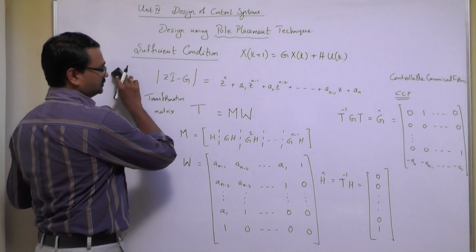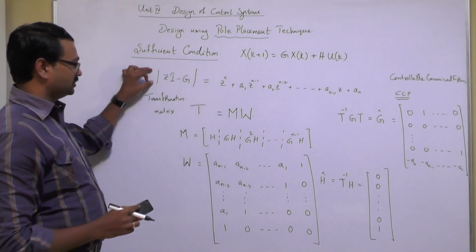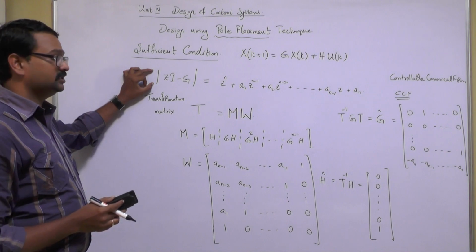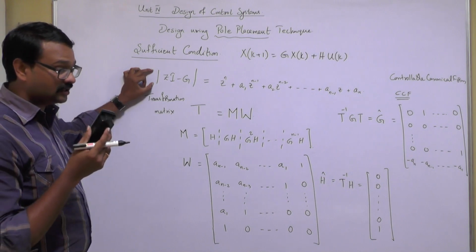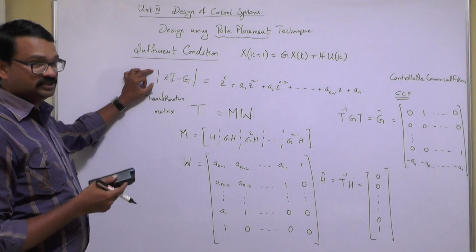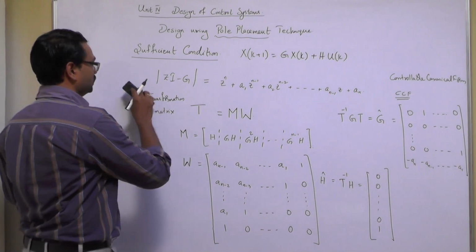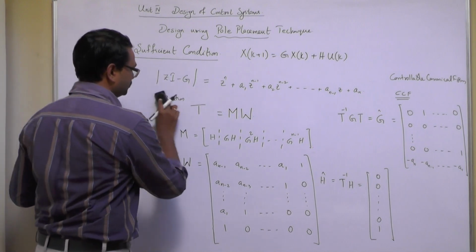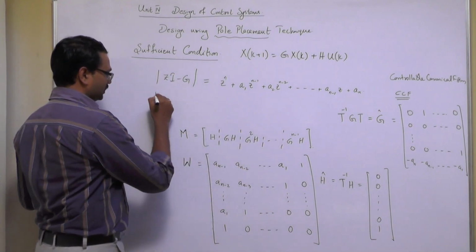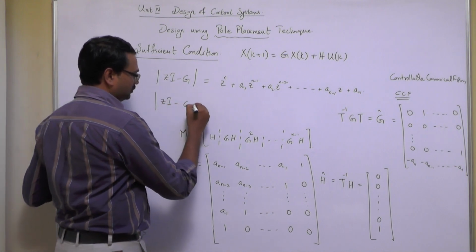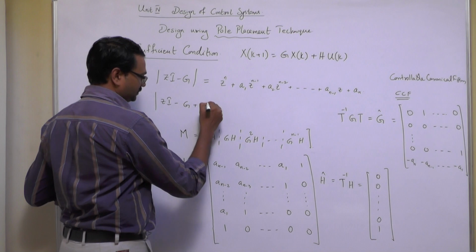Now we have this equation as the characteristic equation of the original system, which has no feedback. When we apply feedback, what equation do we get? With feedback we have zI minus G plus HK.